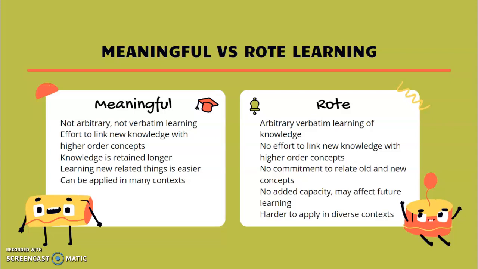This meaningful learning makes an effort to link new knowledge with higher order concepts, while rote learning does not try to do this. Knowledge that is learned by meaningful learning, guys, is retained longer than rote learning. Meaningful learning also makes learning new related topics easier than rote learning.